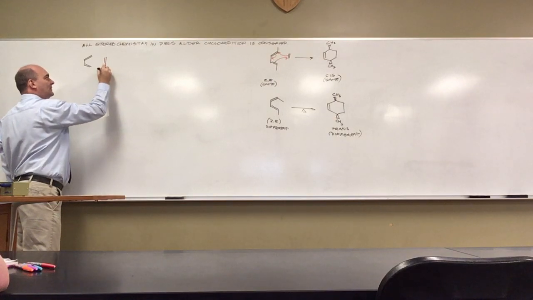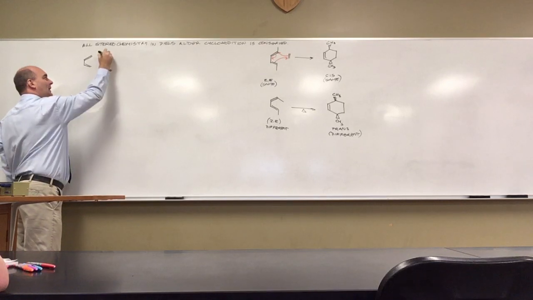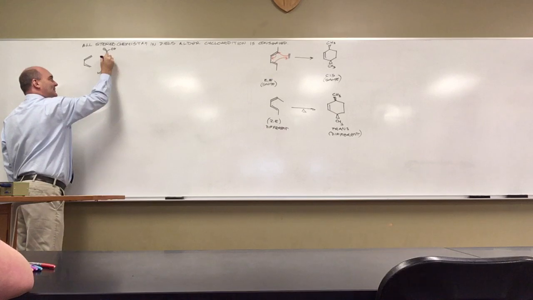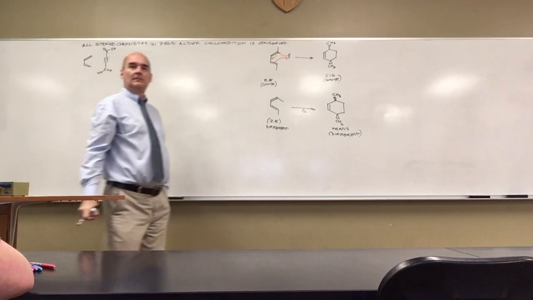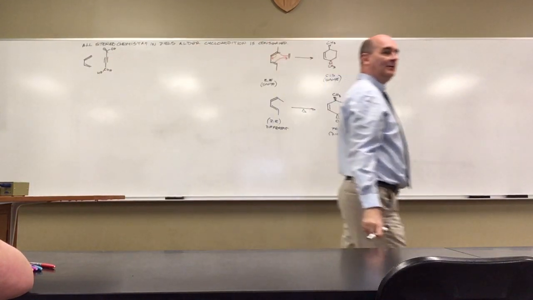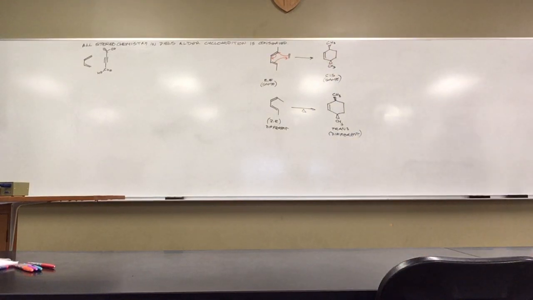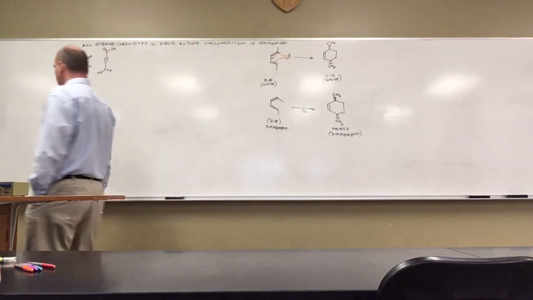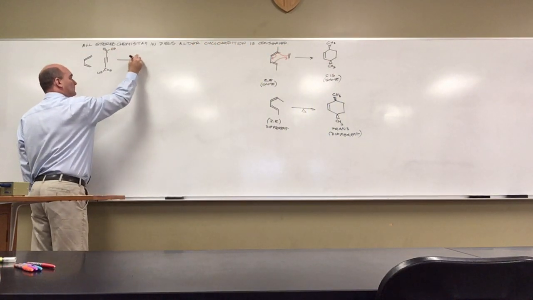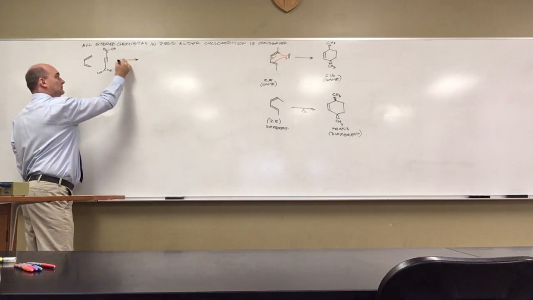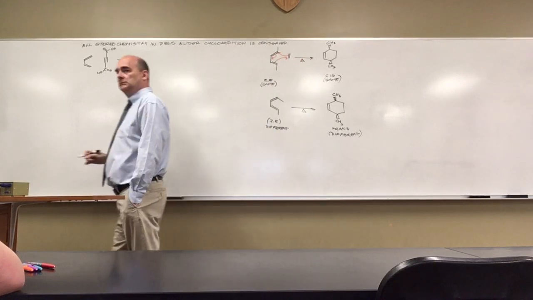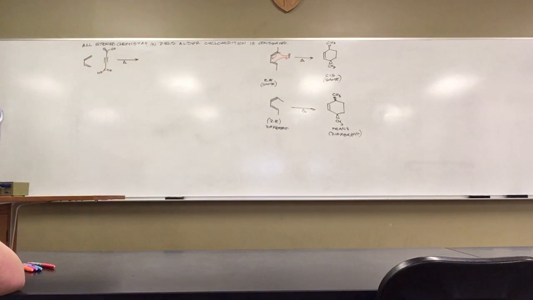At this end, I'm going to add a carboxylic acid. At that end, I'm going to add a carboxylic acid. And instead of being a double bond, my dienophile now is a triple bond. Reaction, some heat. See what you get. The mechanism is the same.